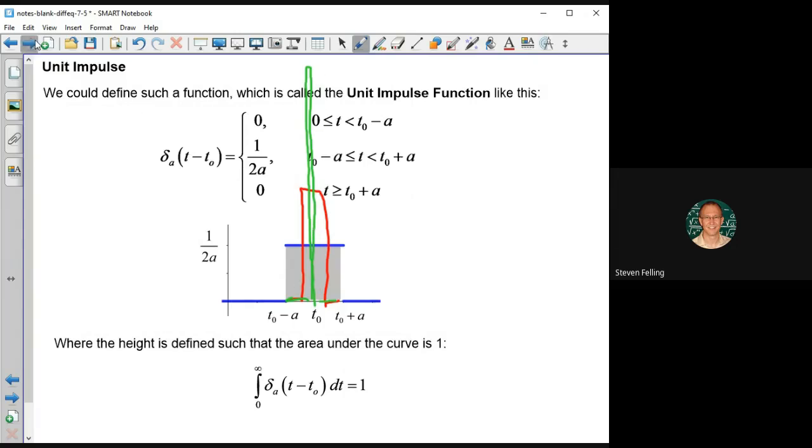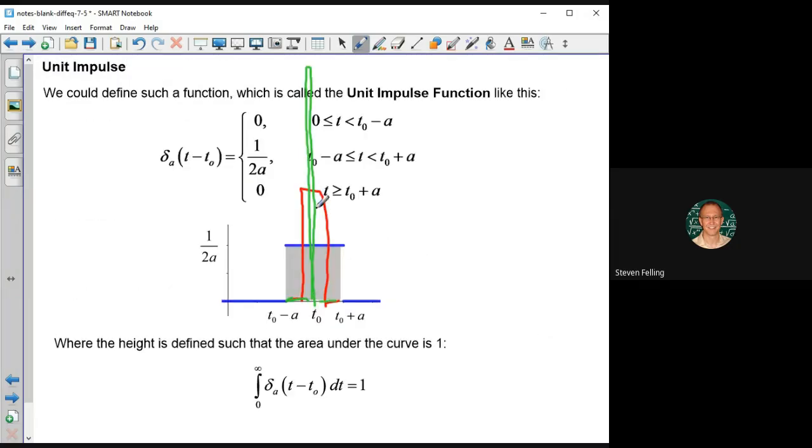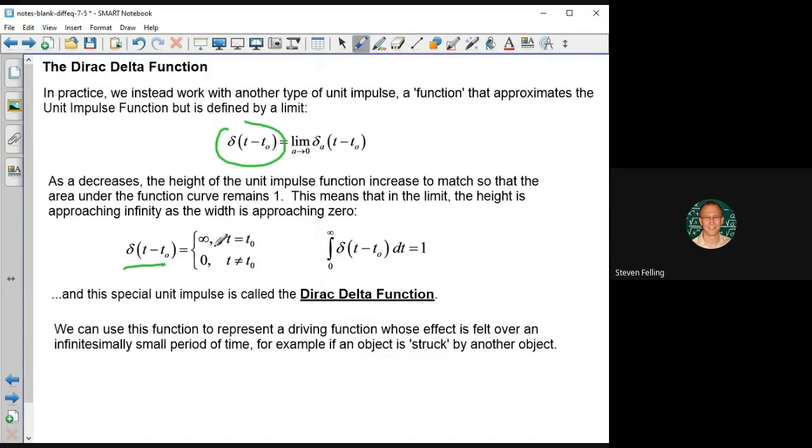So this delta function is essentially a spike that is almost infinitely tall, but it's only applied for a negligible, almost 0 period of time, such that the area is understood to be 1. You could say that this function is basically infinity at t equals t0 and 0 elsewhere, but we've arranged things so that the area stays 1. So it's not really a normal function, but this special unit impulse has a name.